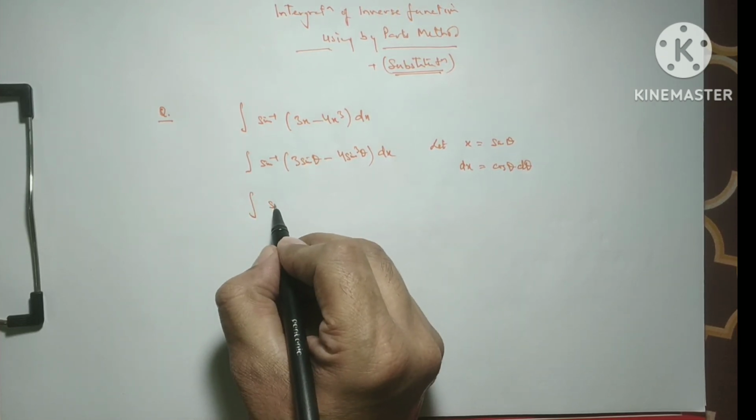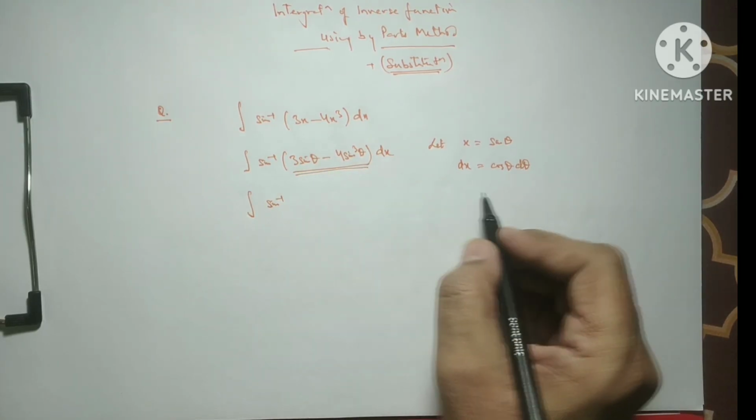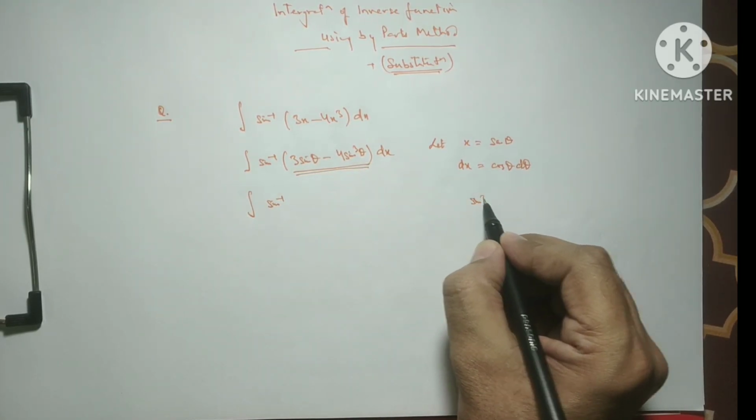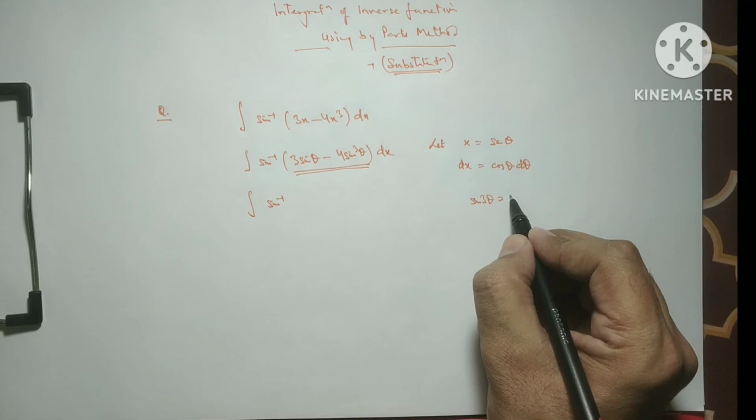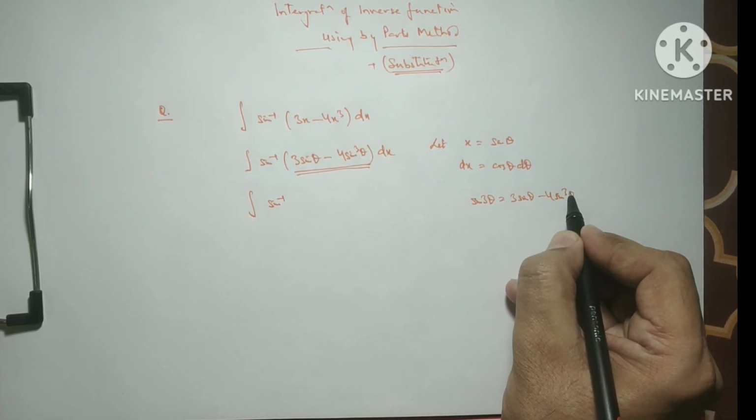Now this becomes sine inverse, and this is the formula of sine 3 theta. So sine 3 theta equals 3 sine theta minus 4 sine cube theta.